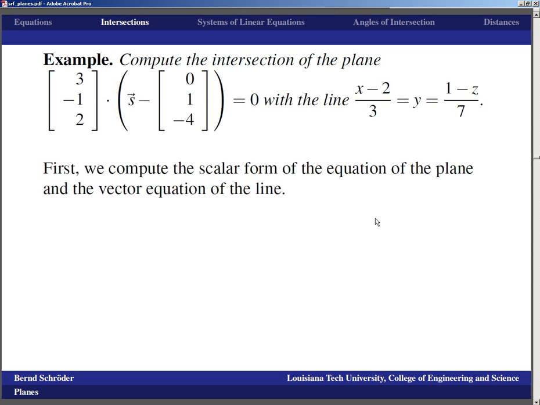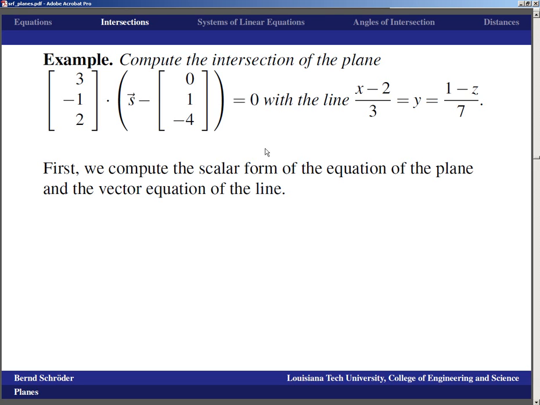So maybe I should have put a simpler example here first, but one of the keys to working with lines and planes is to know which equations do what. For example, if I had both the parametric equation of the plane and the vector equation of the line, I could just set the two equal. I would get 3 equations in the 3 parameters, and I could solve that.